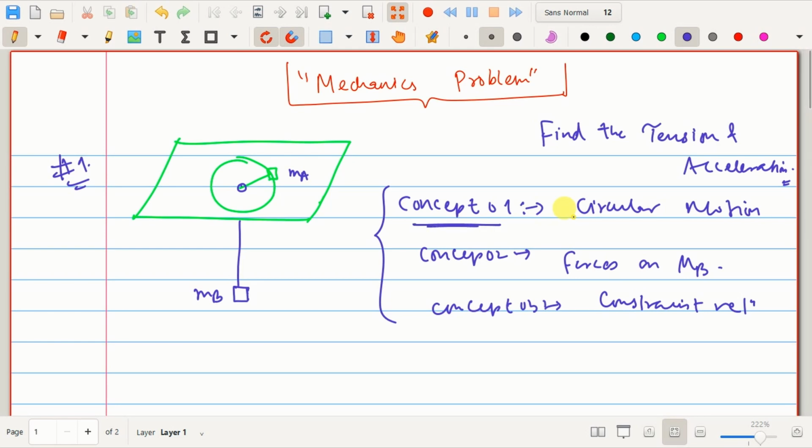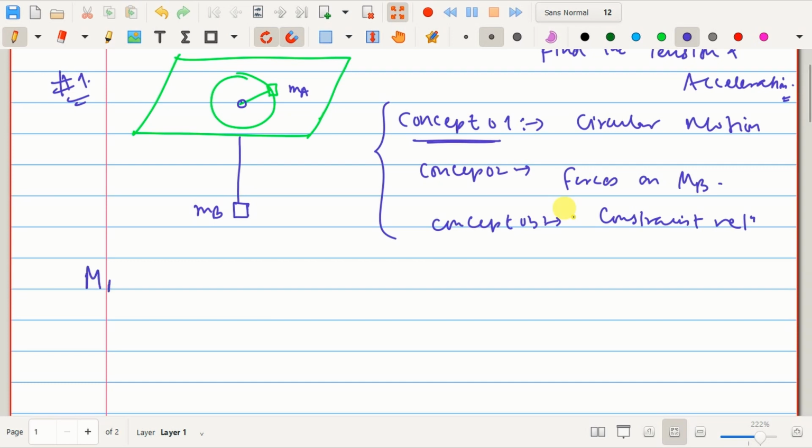The first concept says that we have to apply circular motion. So for mass MA we have to apply circular motion. Since it is attached with a string, let us say we have tension T1. Tension T1 is in the inward direction.